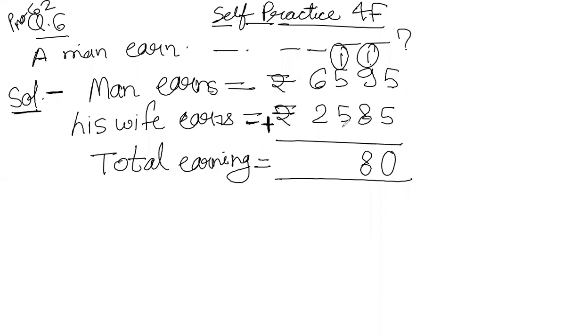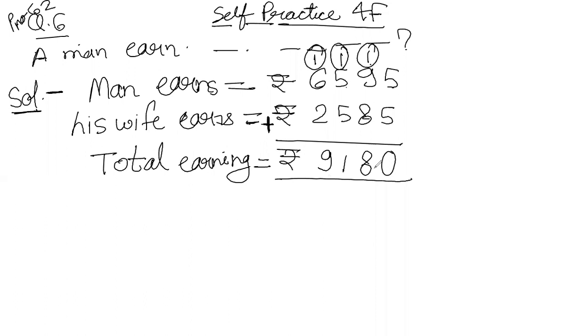Now add hundreds column. 1 plus 5 plus 5 is 11. 1 in result and 1 is carry forward. Now add thousands column. 1 plus 6 plus 2, 9. So total earning is 9,180. Total earning is rupees 9,180.